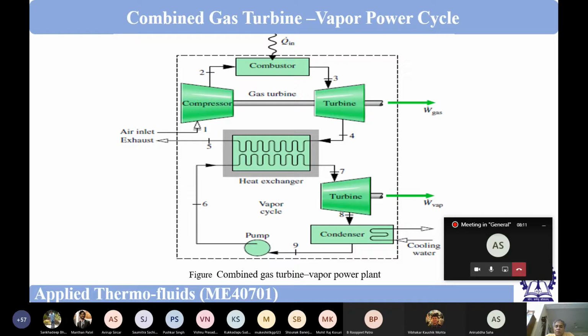One complication comes because you have to use water. If you have to use water, then that water you have to make suitable for the power plant. So a water treatment plant should be there, a water handling plant should be there, a cooling water system should be there. So all these things are there. That's why this is costly initially.